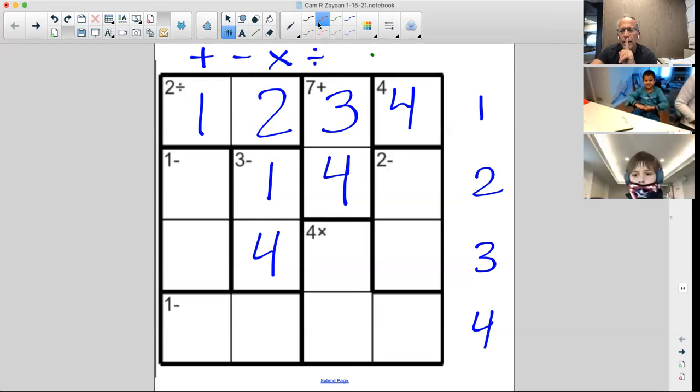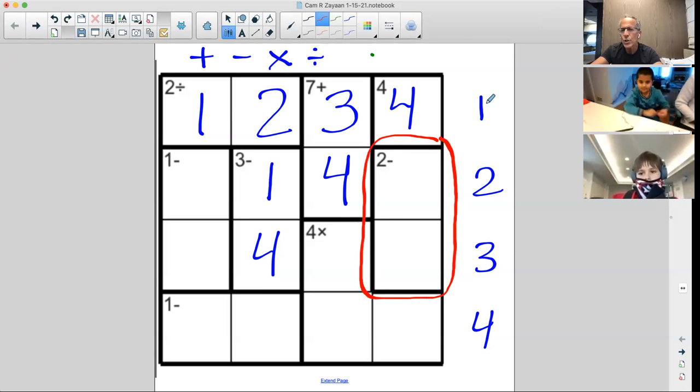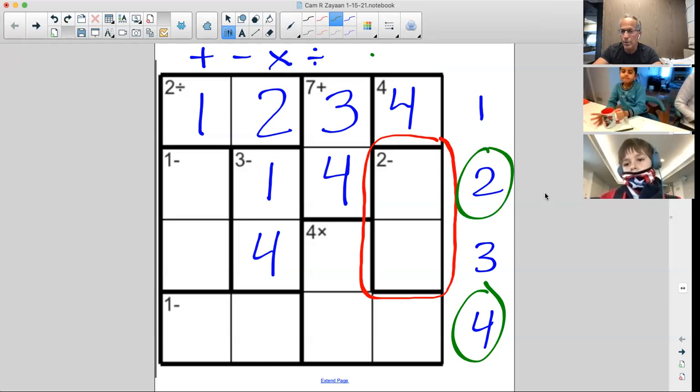Quiet please. Let's now look at a difference of 2. Which 2 numbers here, don't answer out loud yet, have a difference of 2 that you're allowed to put here? 4 and 2, are we allowed to do that?